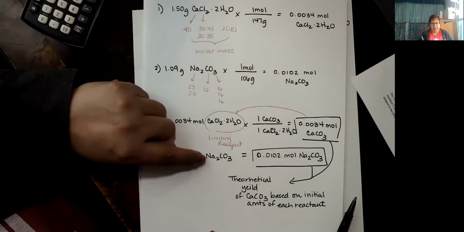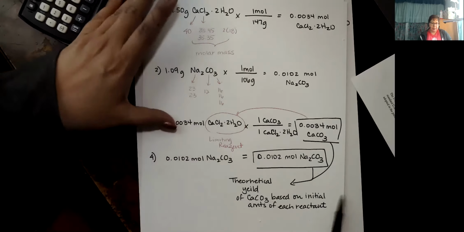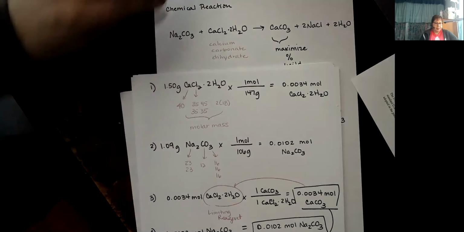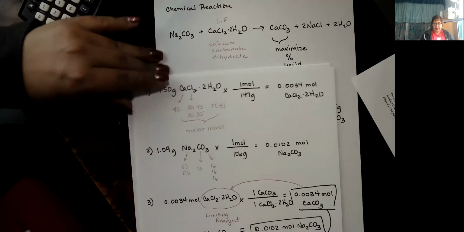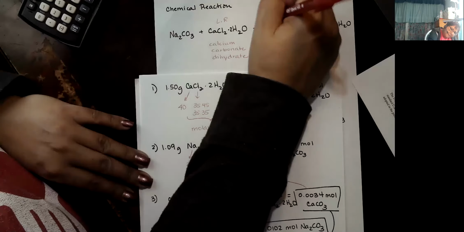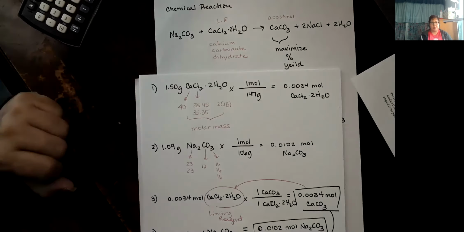I'm going to have some of this left over, but I'm going to use up all of my calcium chloride dihydrate in this reaction. So looking back at this equation here, this is going to be my limiting reagent. So the most I can produce is this much calcium carbonate. That's the most that I can produce.